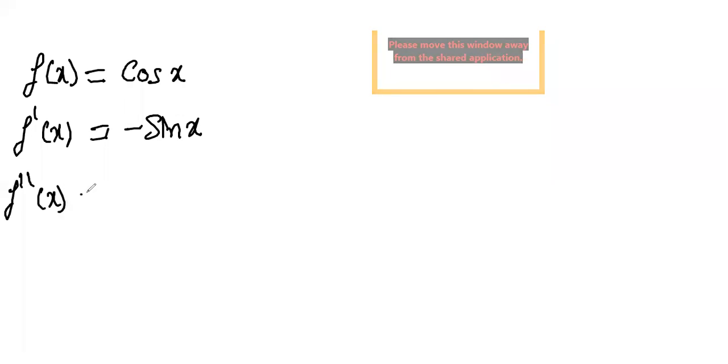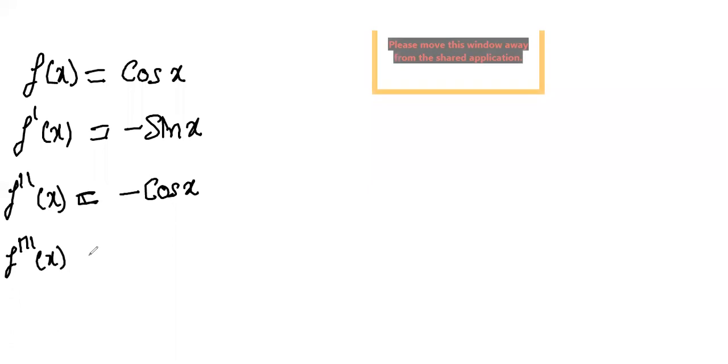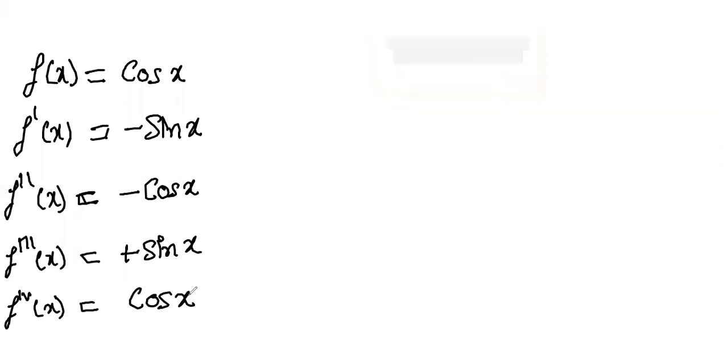F double dash x is minus cos x, then f triple dash x is plus sin x. Then 4 times differentiation will be cos x.